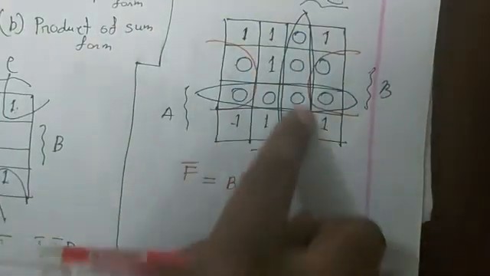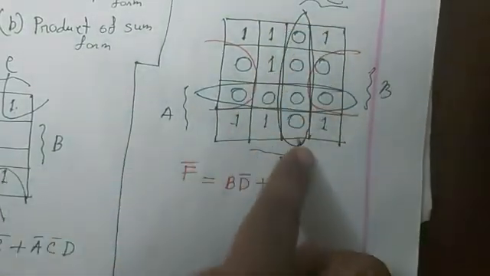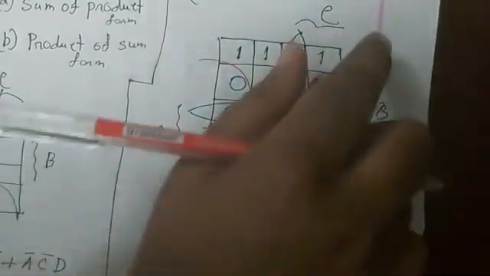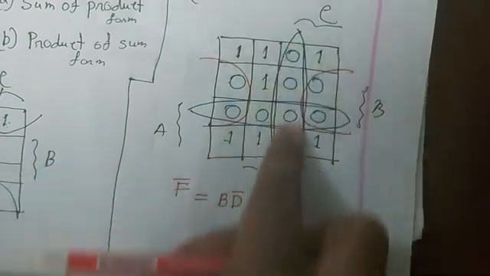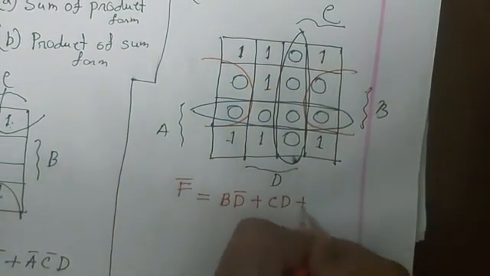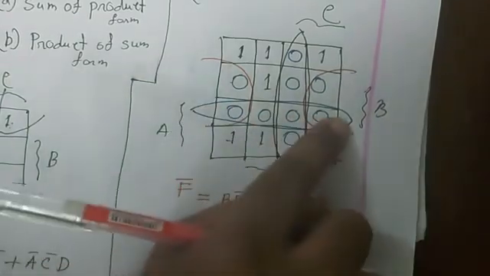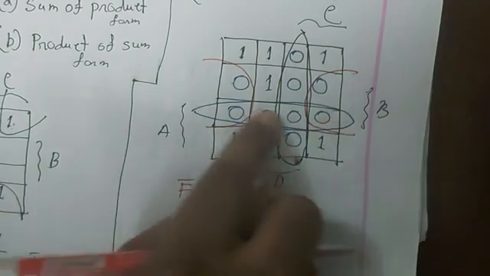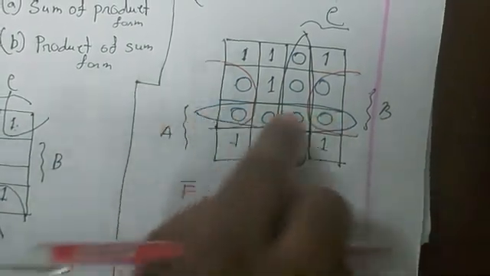From the second group of 0 we get C, D. And from this group we get A, B.